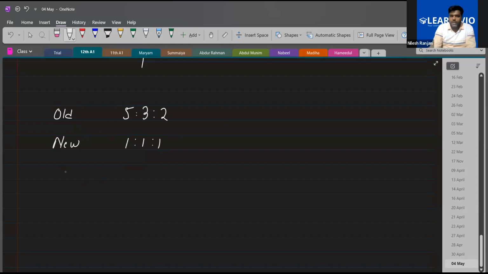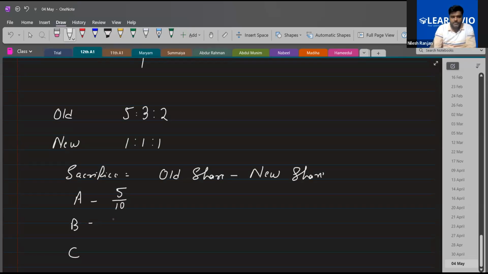Now the formula, first for sacrifice: sacrifice equals old share minus new share. So for A, B, and C, it is 5/10, 3/10, 2/10, the old ratio.